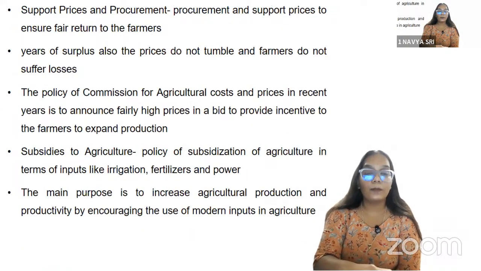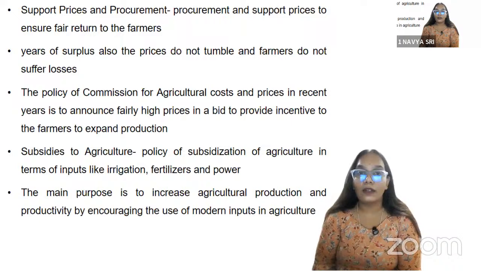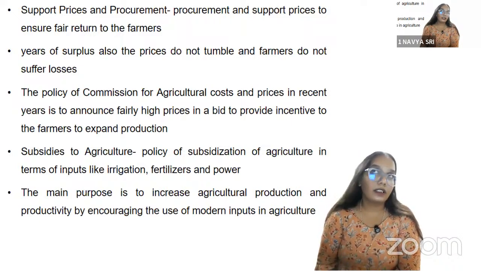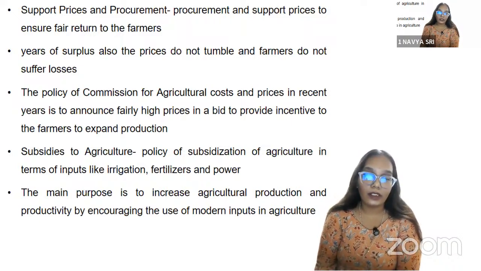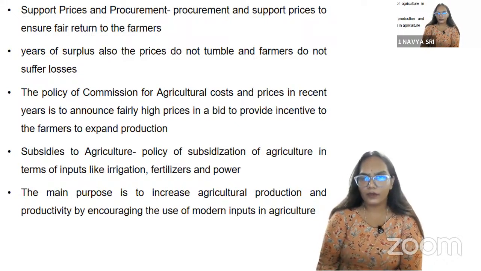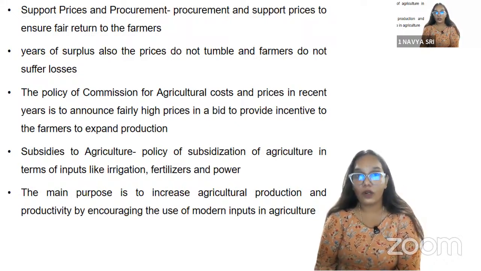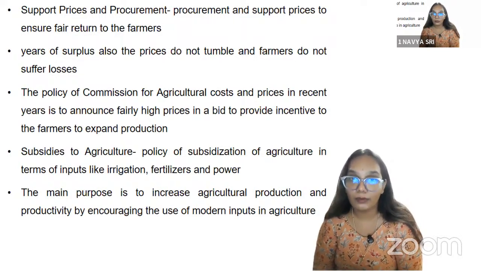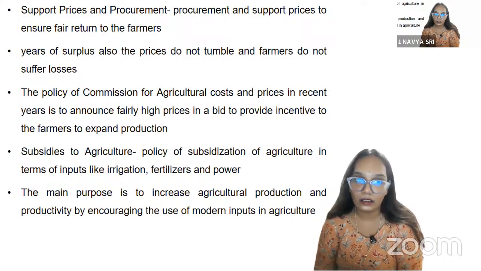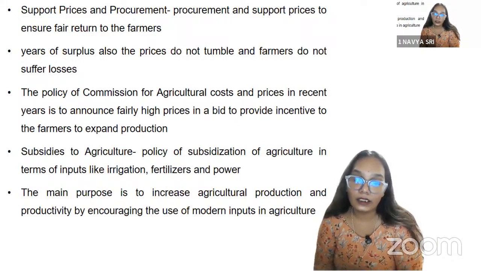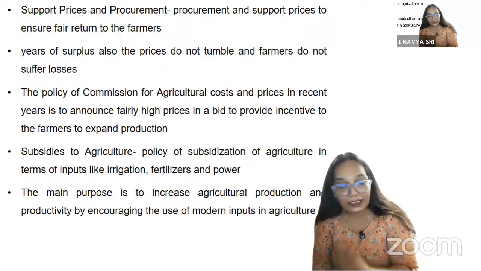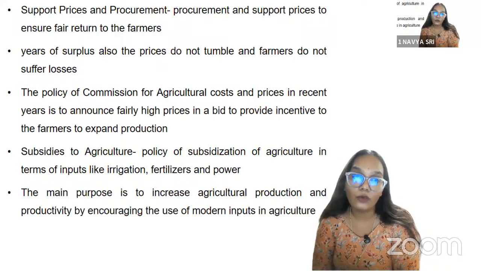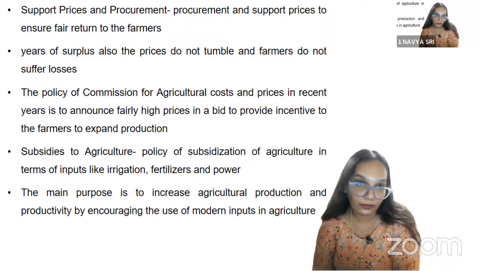Now, support prices and procurement. Okay, land was given, joint or community farming was also done, or separate farming was done. Then credit was also given. Now what happens after the yield is done? Am I going to get the market price, or am I going to have to sell the yield for less than the investment I've put into this farming?